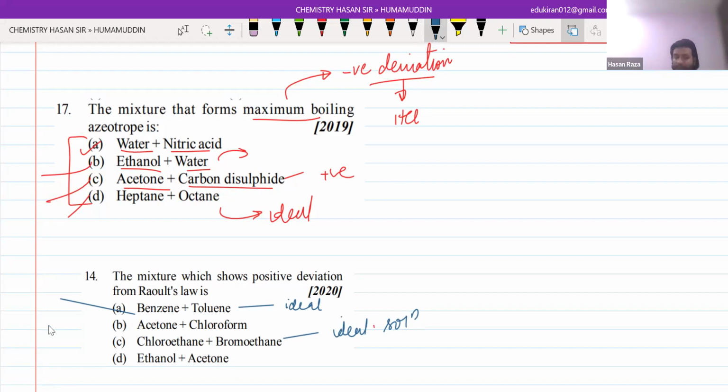Not there. So always remember that, put this in negative deviation. Please write it in the list that I have given. This is negative deviation, maximum boiling point it will have. And this is your positive deviation. So the option is D.